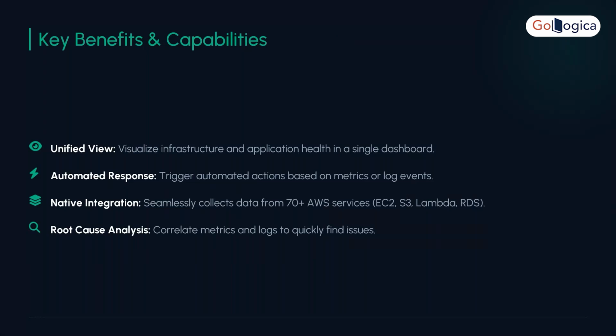Root cause analysis: correlate metrics and logs to quickly find issues. So we can compare and correlate these logs and metrics to fix issues, to identify what is going wrong in the infrastructure, in that particular resource.